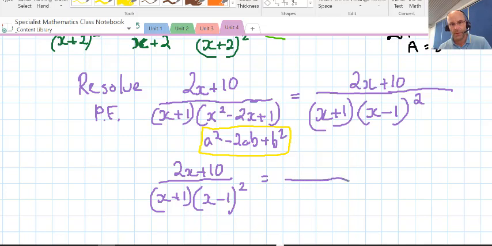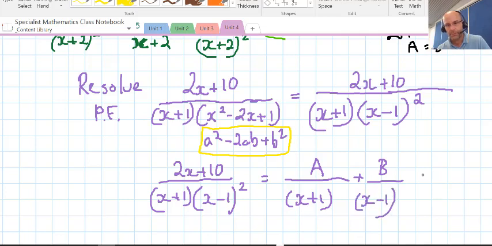Okay, so we have now got to put out the format for our repeated linear factors there. Case 2, no worries. There we go.